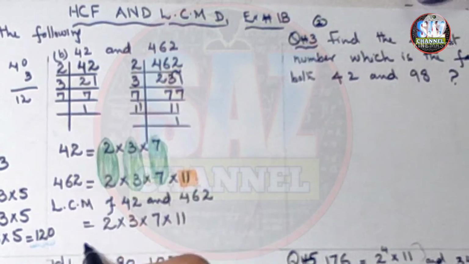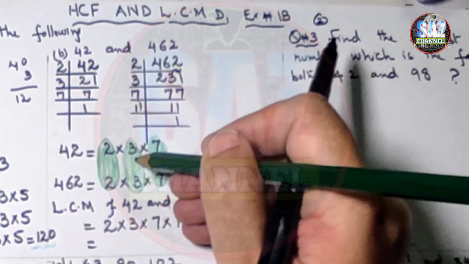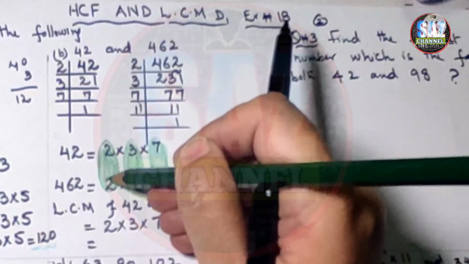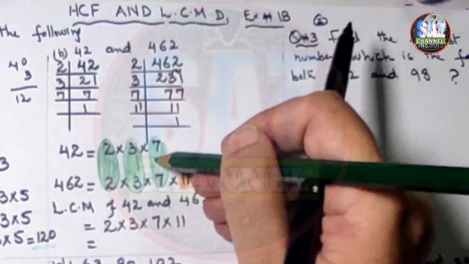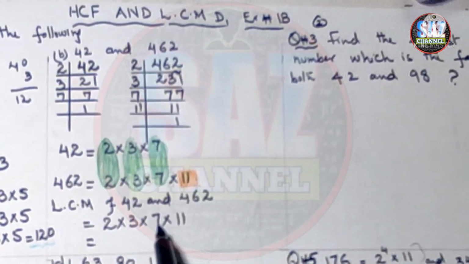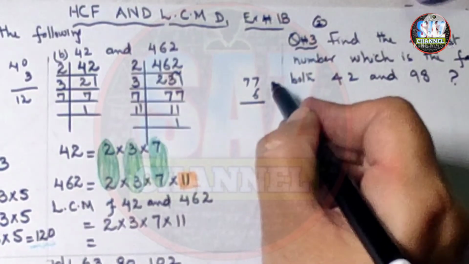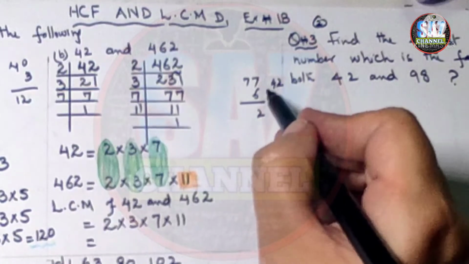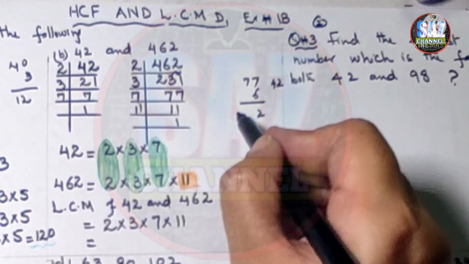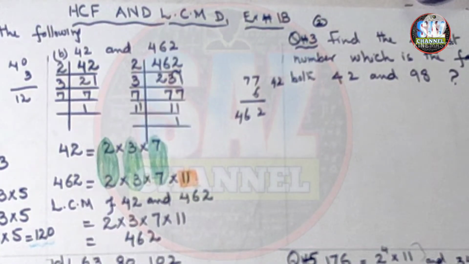Okay, now as we have to give the number as well, let's see how we can make the calculation easy, because we are not allowed to use calculators in paper 1, and we have to learn how to perform calculation mentally. 11 times 7 is 77, and 77 multiplied by 6: 7 6s are 42, 43, 44, 45 and 46. 462 will be the LCM of these two numbers.